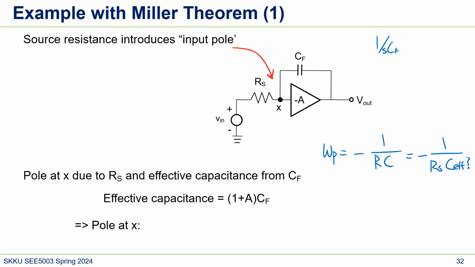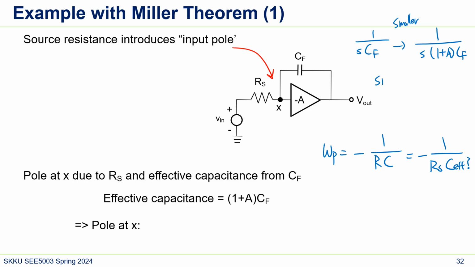Again, maybe it's confusing, but let me just rewrite it. So the impedance is this. When we say the impedance gets smaller, because of the Miller effect, the cap is increasing. That's the point. Smaller impedance means larger cap.